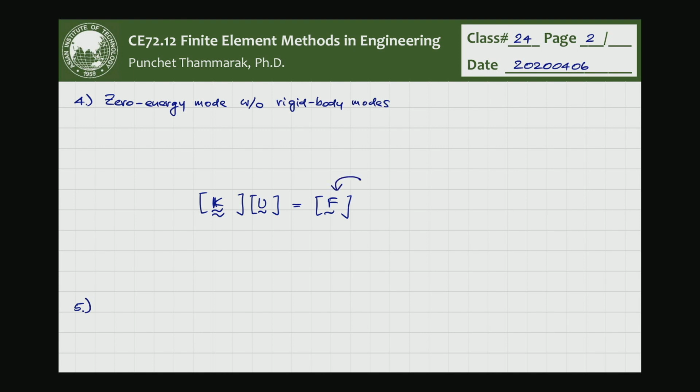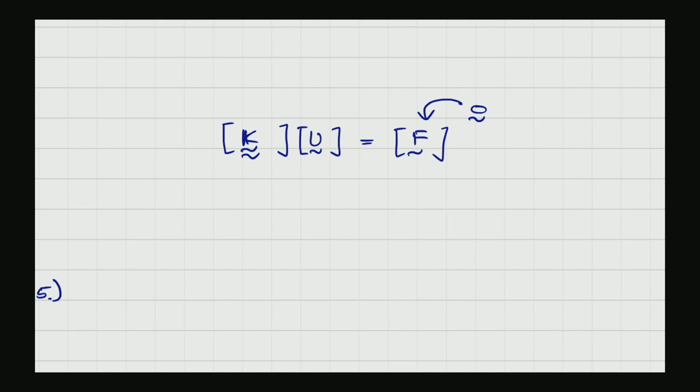And for the eigenvalue problem, you have 0 force. You are looking for the modes that are associated with the zero energy. Zero energy, well, you have the 0 force. So this equation will be possible if we don't want the u to be 0, then you need to find the k such that the determinant is equal to 0.